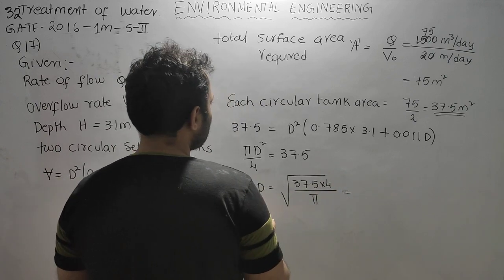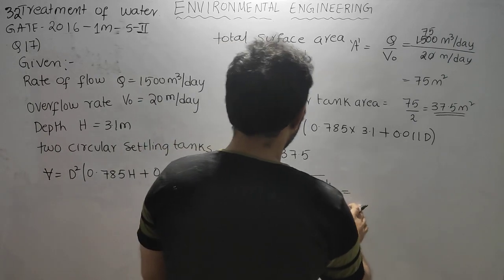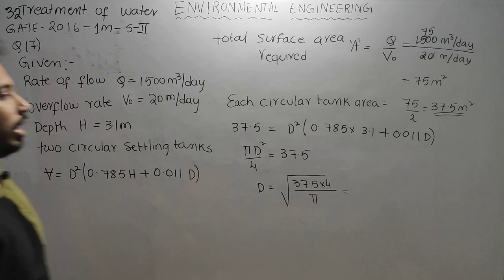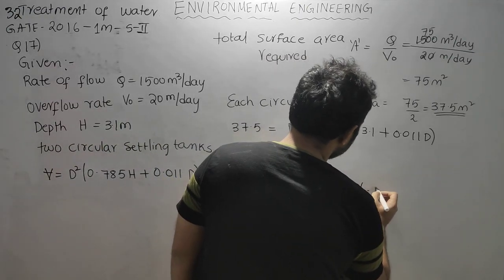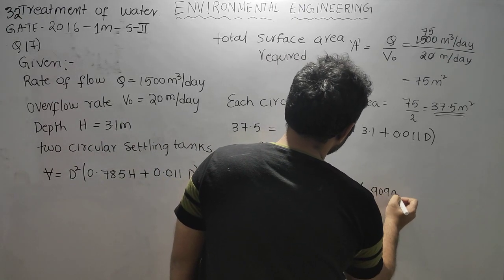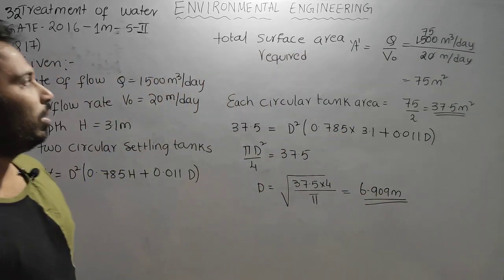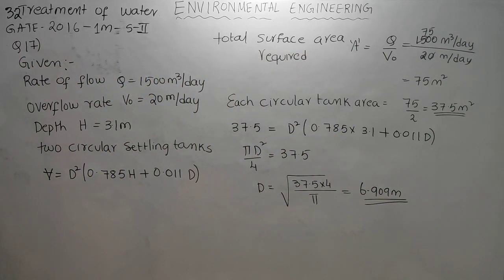This is an approximate formula. From here we will get D as 6.909. So this is an approximate, but the exact formula is what we need to use to find the diameter of the circular tank.